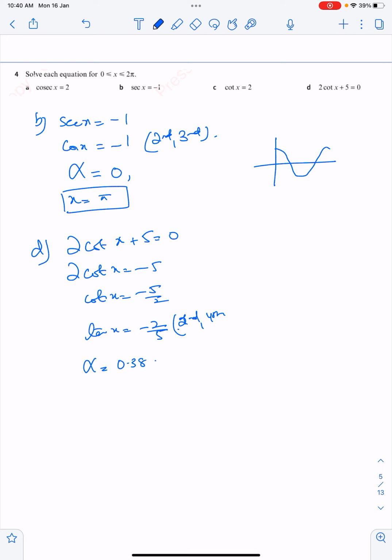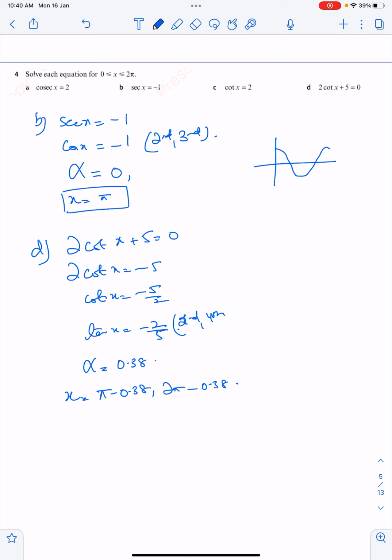Okay, for the second quadrant it will be pi minus, because in degrees we subtracted from 180 for the second quadrant, and in radians we subtract from pi. So it's going to be x equals pi minus 0.38, and for the fourth quadrant it will be 2 pi minus 0.38. So let me just calculate the answers.